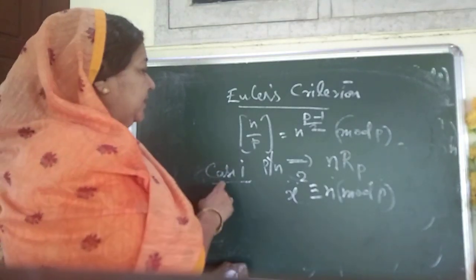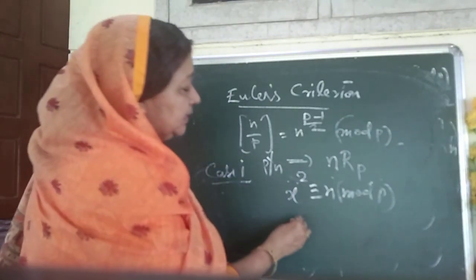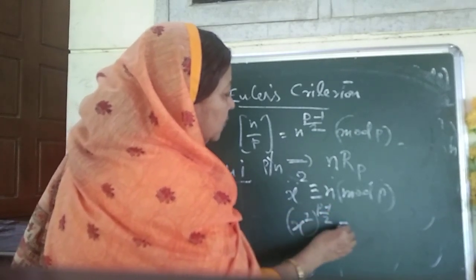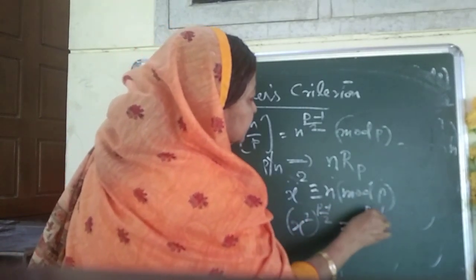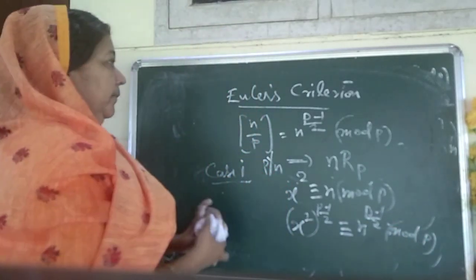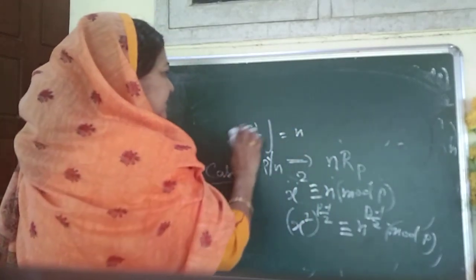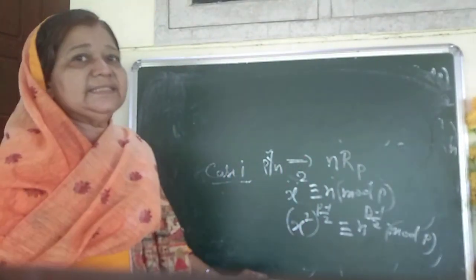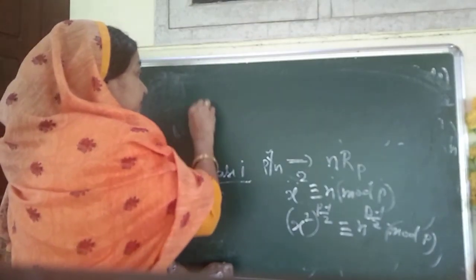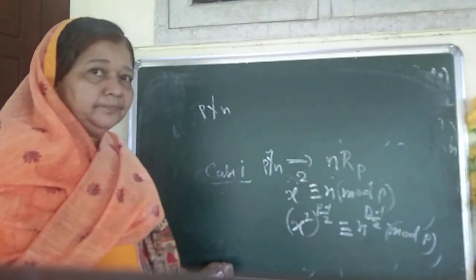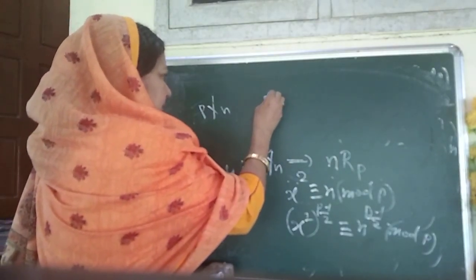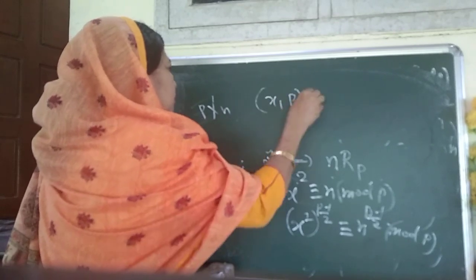Then, since p minus 1 by 2 is a positive integer, x squared raised to p minus 1 by 2 is congruent to n raised to p minus 1 by 2 modulo p. But since p does not divide n, p does not divide x.